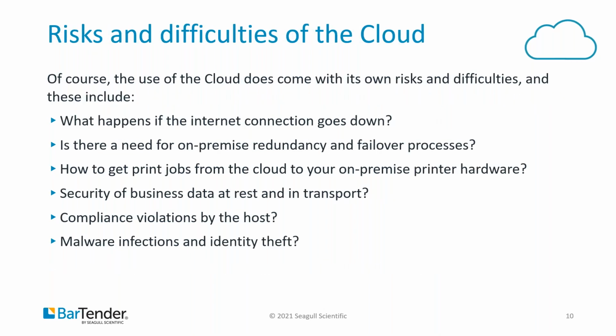However, of course, there are always risks and difficulties of using the cloud. So for example, the classic one is, well, what happens if the internet connection goes down? You're effectively cut off from all of those computing resources that are hosted in the cloud.